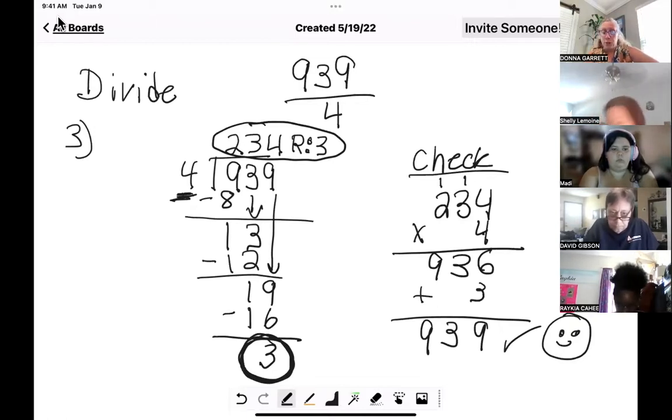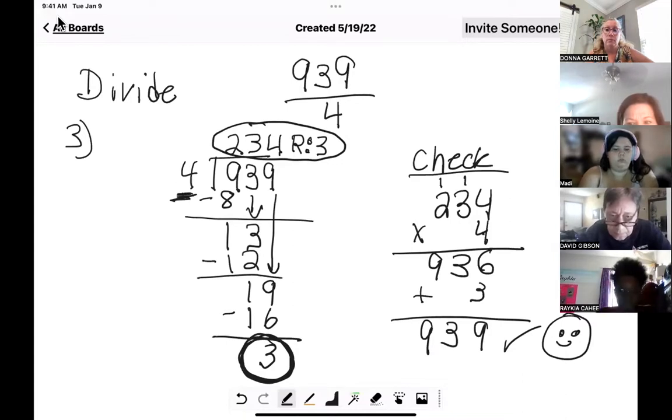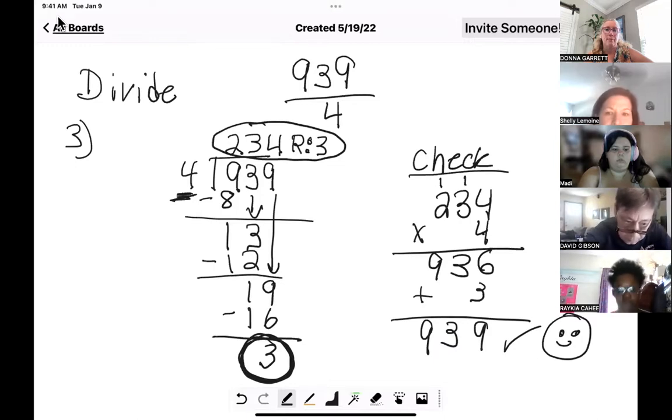So when you have a remainder, you multiply the numbers you have, and then you add the remainder back in. Does that make sense? Awesome. I know dividing is difficult.